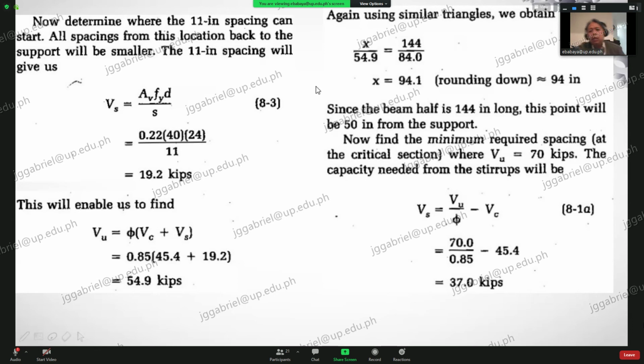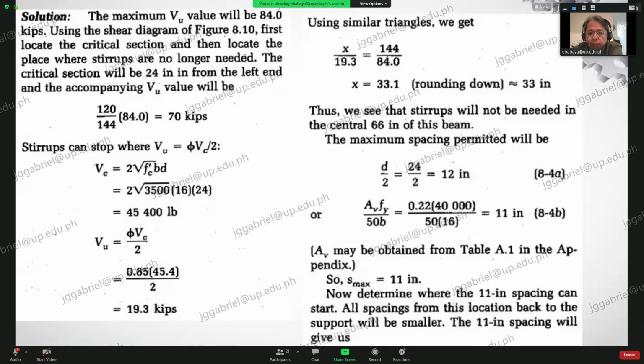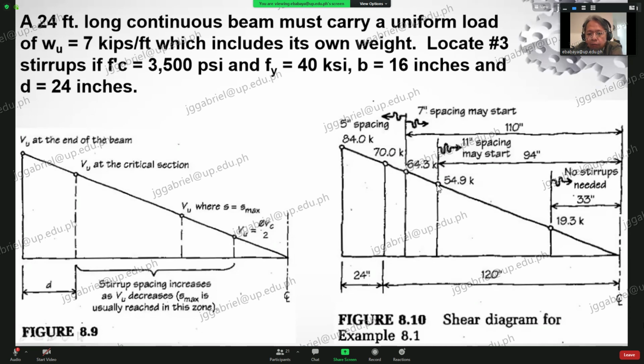Now we have to determine where that 54.9 is. Again, this is ratio and proportion. This is the 54.9. At first, we don't know this yet, the 94, but we are actually considering this triangle by ratio and proportion.